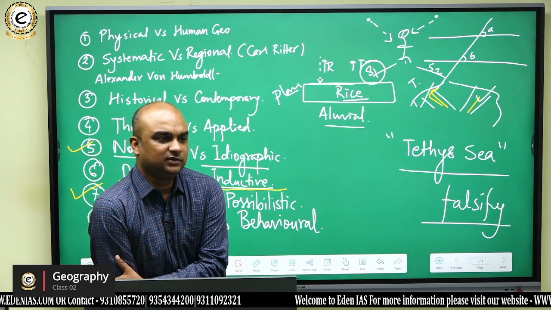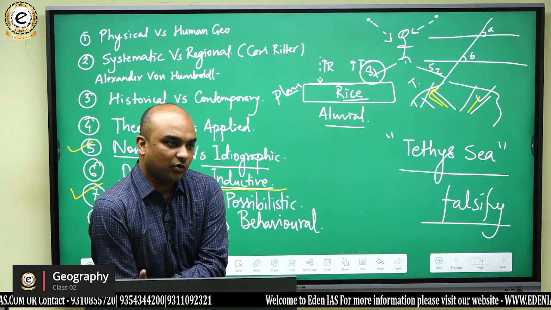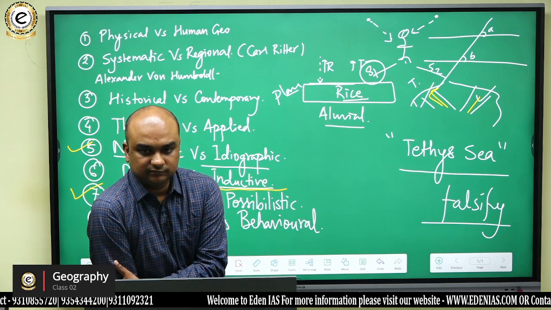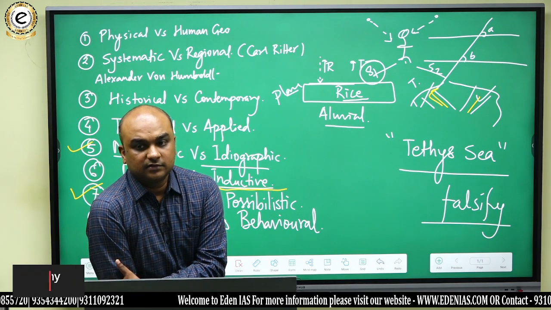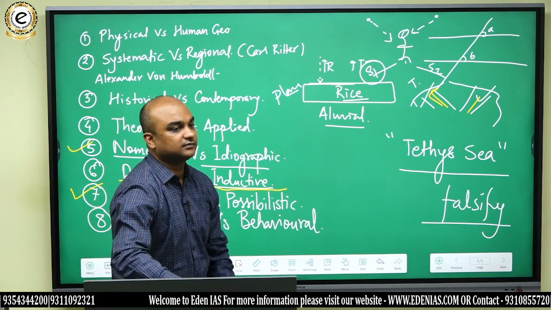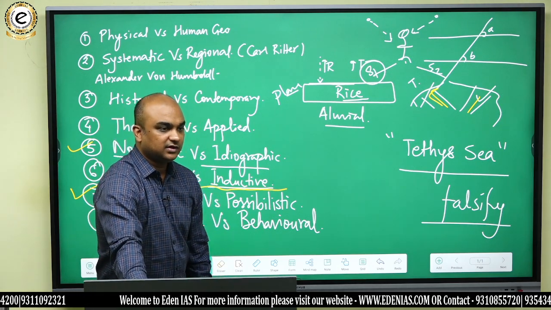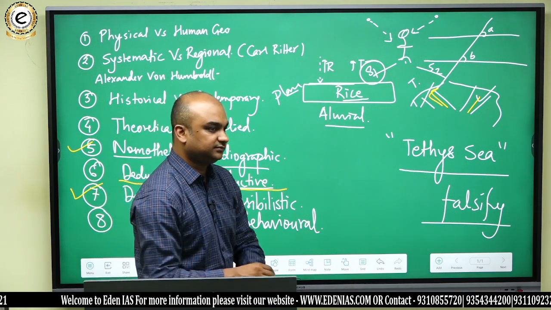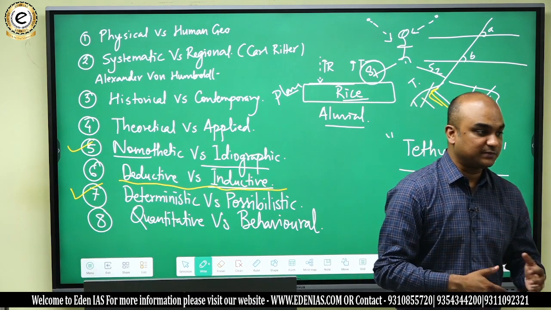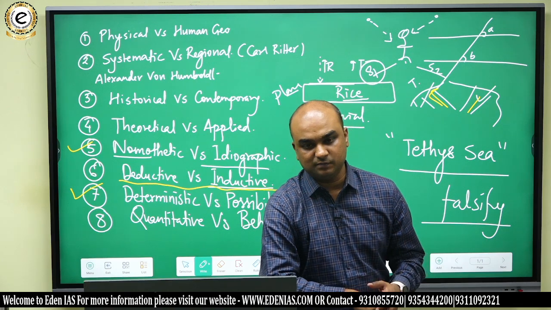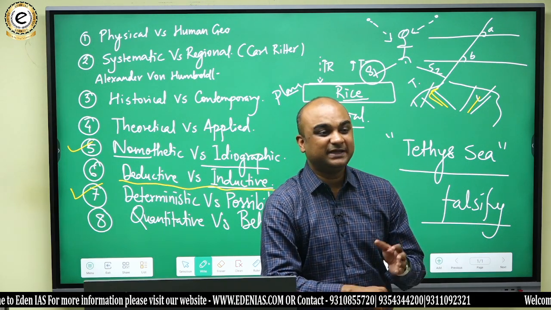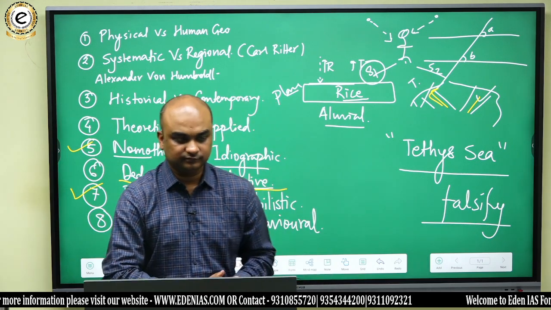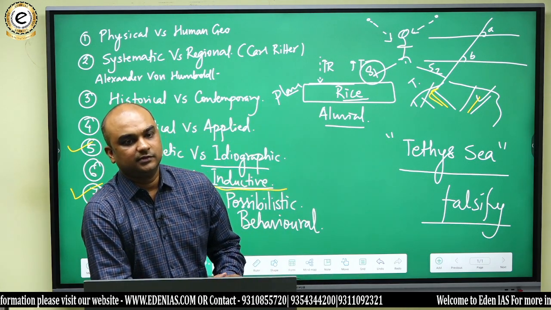For example, the crops we grow, the food we eat, the clothes we wear, etc., are all determined by the natural environment of the place where we live. Put a full stop.